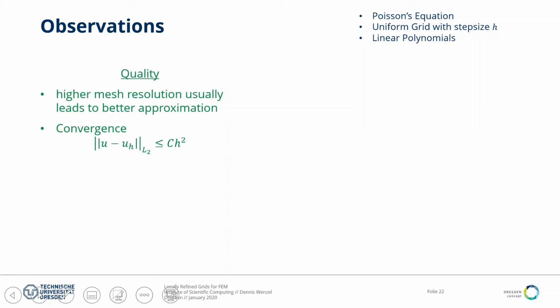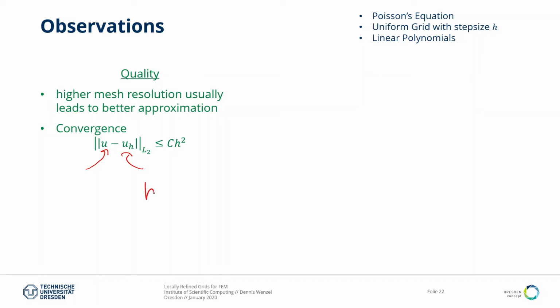On the one hand, there is quality. If you increase the mesh resolution, then you get a better approximation. Not only is this intuitively clear, but it can also be proven in a mathematical way. We will be talking about this in a few lectures. It's called the convergence concept. If you look at the solution of the exact problem and your numerical solution u_h for a certain step size, then the error is decaying in a certain way if you reduce the step size.